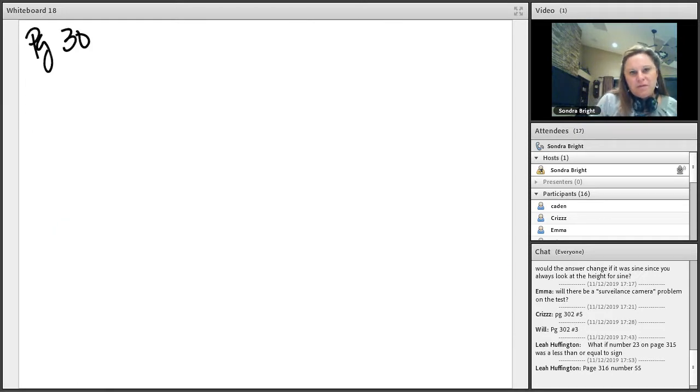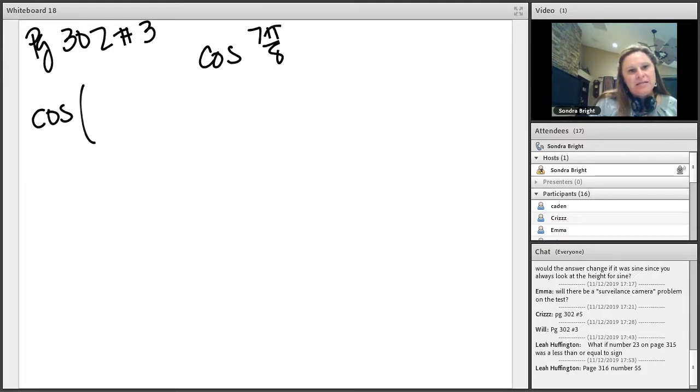Page 302, number 3. Cosine of 7 pi over 8. And again, using half angles. So what I know is that 7 pi over 8 is 7 pi over 4 divided by 2, where 7 pi over 4 is your theta.